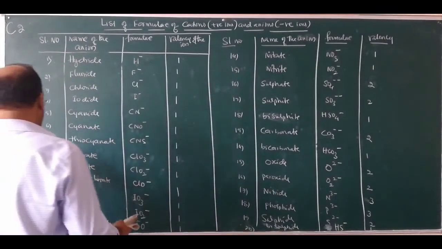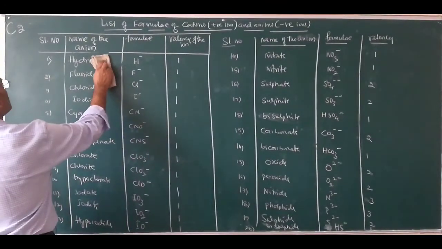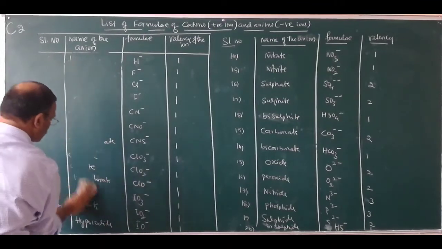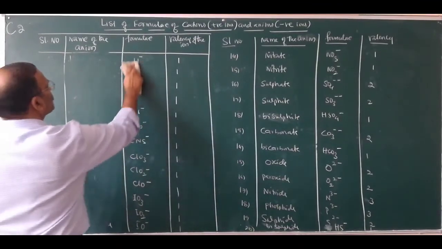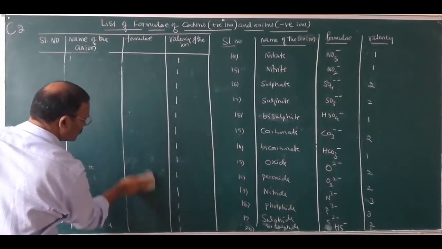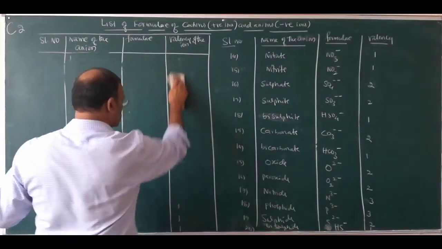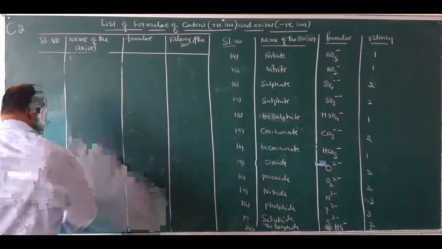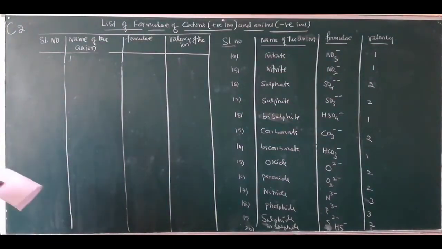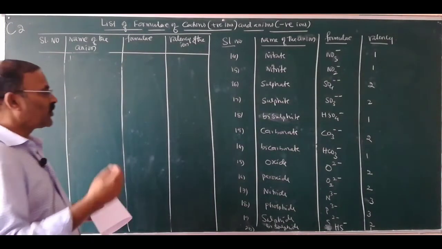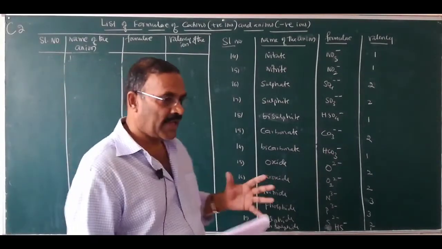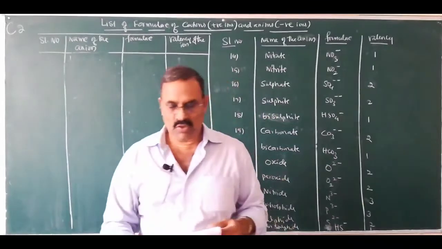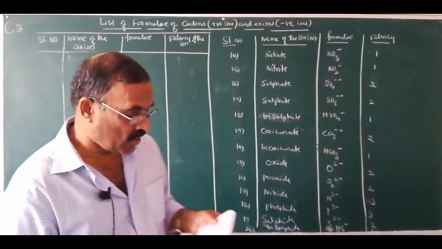I will continue with some more negative ions, anions. If you remember the formulas of cations and anions, and you join cations and anions, you will get the formula of the compound.